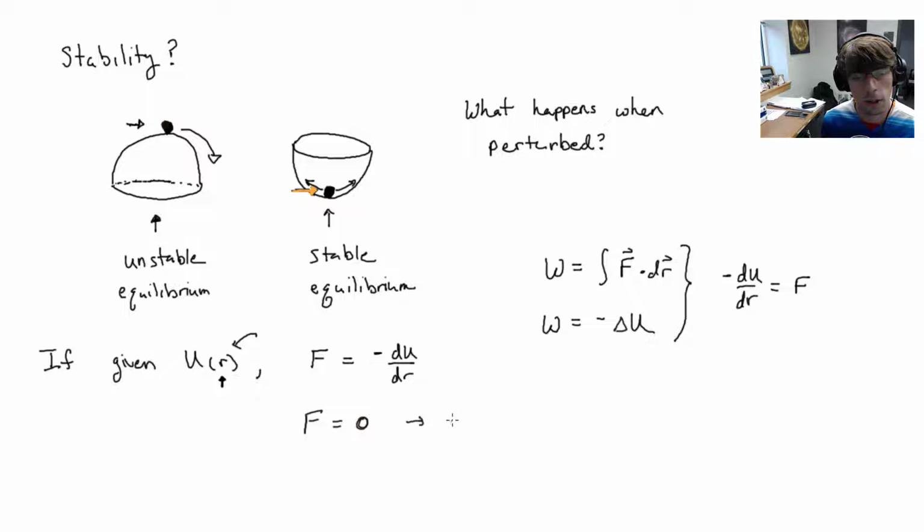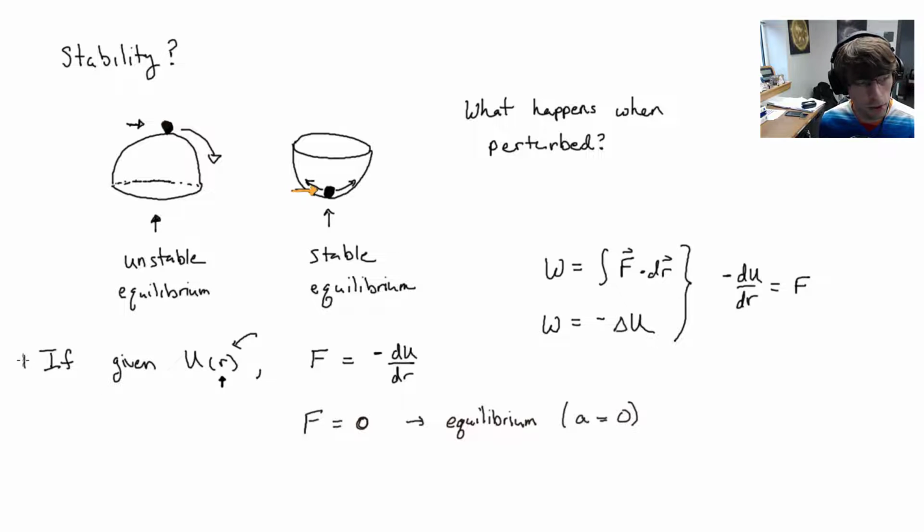In other words, this would be a case for equilibrium. And of course, if your force is equal to 0, your acceleration is equal to 0. So your object doesn't accelerate, so it's stable or in equilibrium.